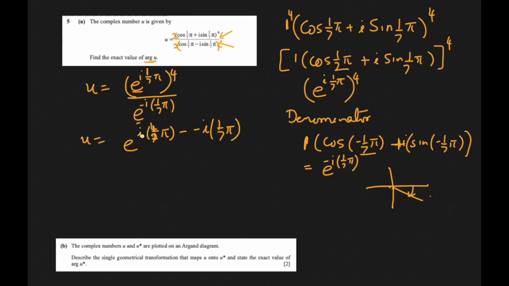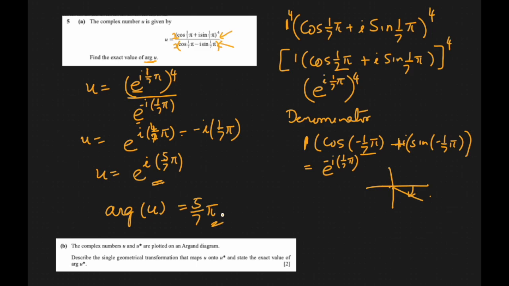Now, it is 4 over 7, it is plus, because there are two negatives. So it will become plus 1 over 7 pi. So our answer will be u equal to e to the power i 5 over 7 pi. This is our polar or exponential form for u. And now we can find the exact value of the argument. So the argument of u is clearly visible here, which is 5 over 7 pi.